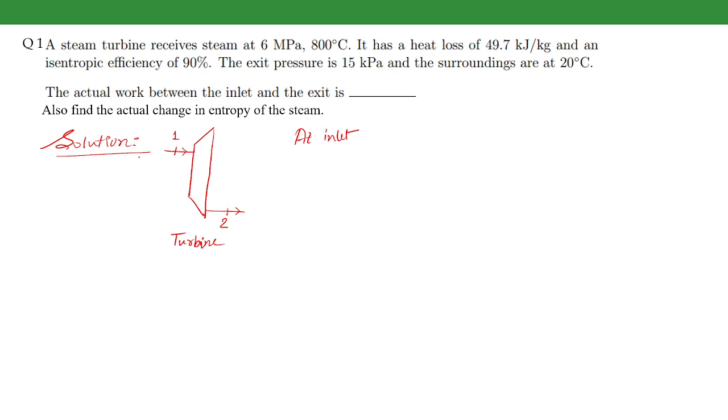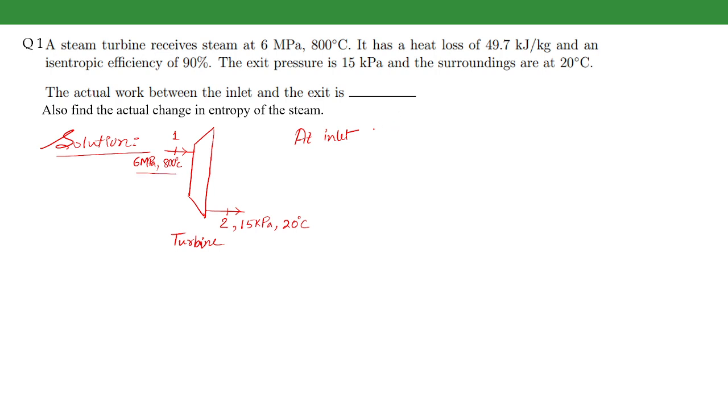Inlet is at 6 megapascal, 800 degrees Celsius. And what is the exit state? The exit state is 15 kilopascal and 20 degrees Celsius. So in the turbine there is a fall in the pressure from 6 megapascal to 15 kilopascal, whereas the temperature decreases from 800 degrees Celsius to 20 degrees Celsius. At 6 megapascal and 800 degrees Celsius, it will essentially be a superheated steam condition.